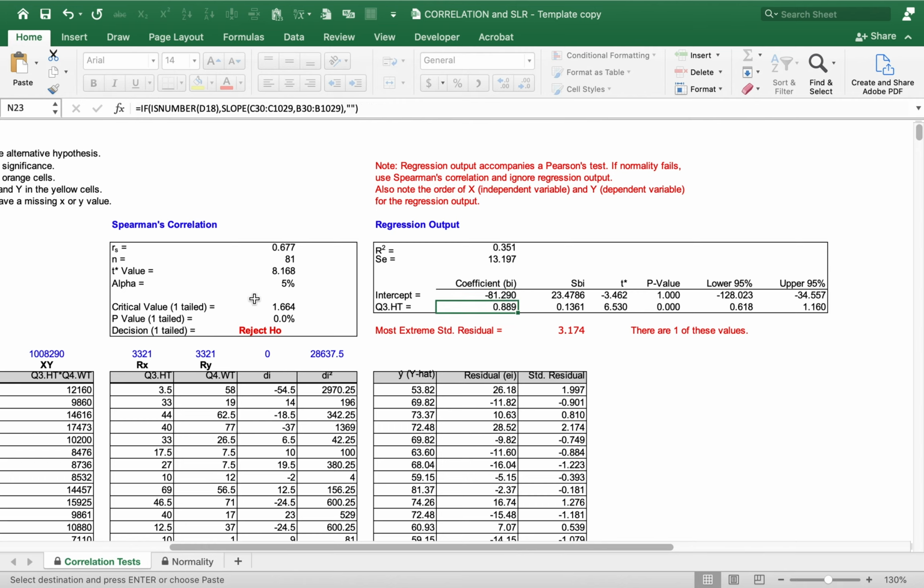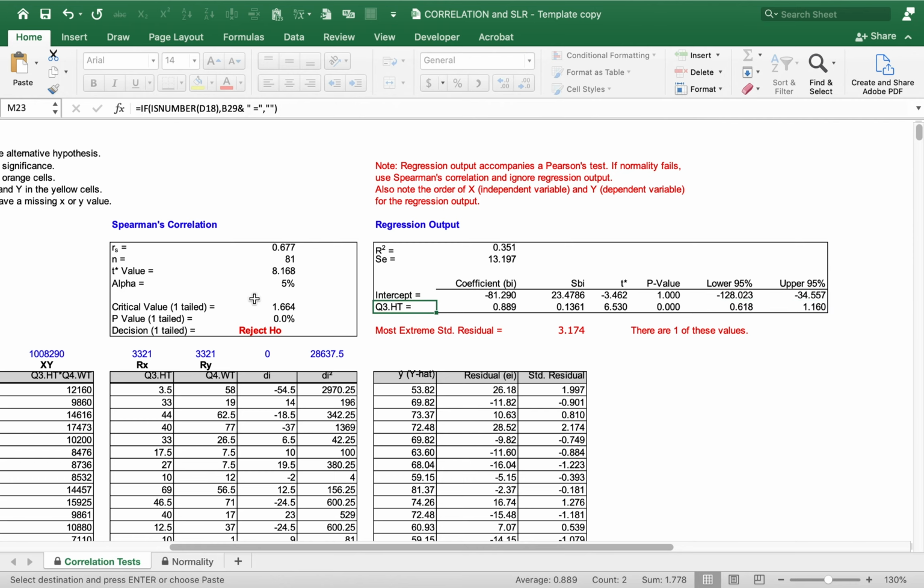But what it is saying then is that on average here, for every increase in centimeter, the weight is going up by almost a kilogram. That's how we would tend to use that. Then we've got confidence intervals here for the intercept, and for, more importantly here, for the x variable, the height.